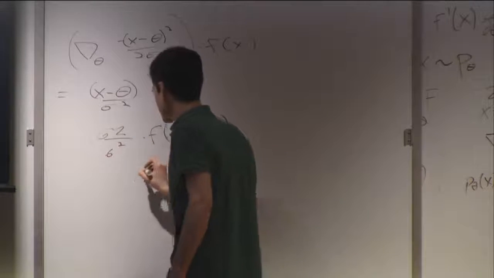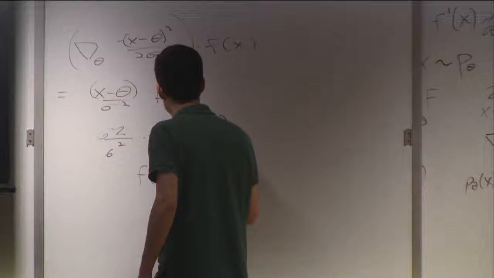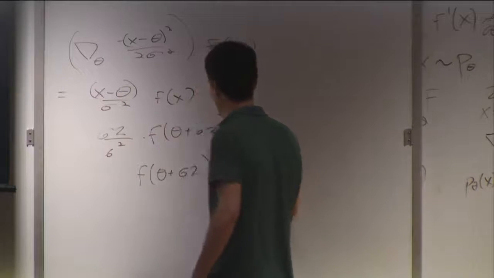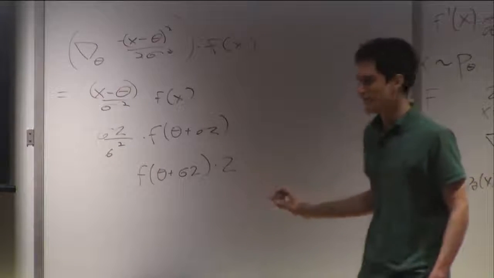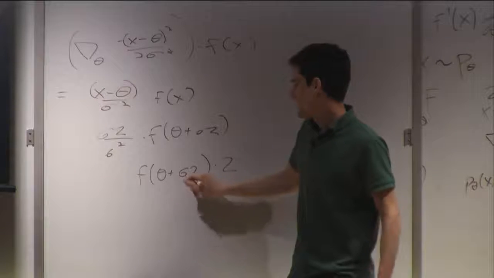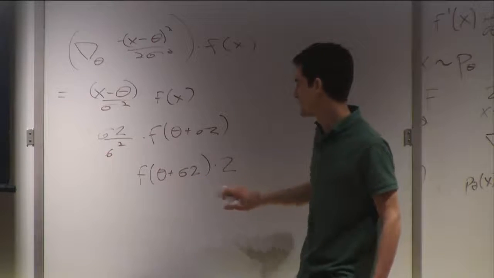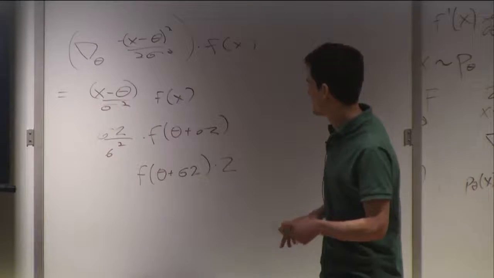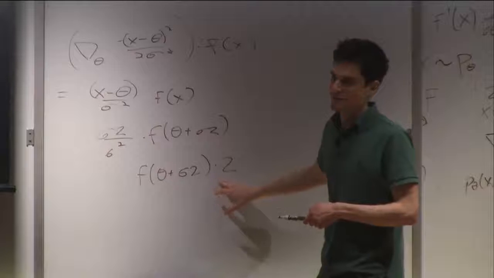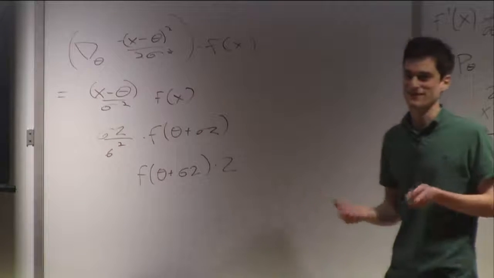And so we end up with f of theta plus sigma z times z. So that's our estimator. So we take a normal random variable z, we multiply it by some scaling factor sigma, and then we multiply that by z to get our gradient estimator.